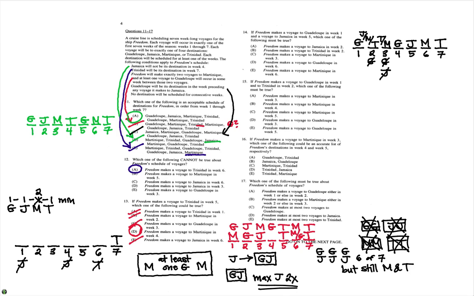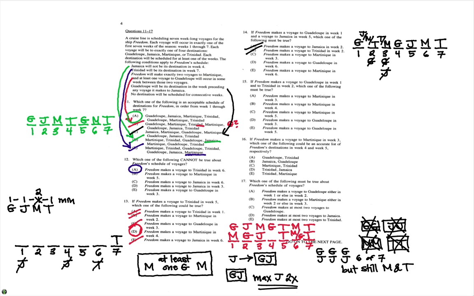So now again we're looking for what must be true. A, Freedom makes a voyage to Jamaica in week 2. No, could be Martinique or Trinidad. B, Freedom makes a voyage to Trinidad in week 2. Again, could be Martinique or Jamaica. B is out. C, Freedom makes a voyage to Martinique in week 3.